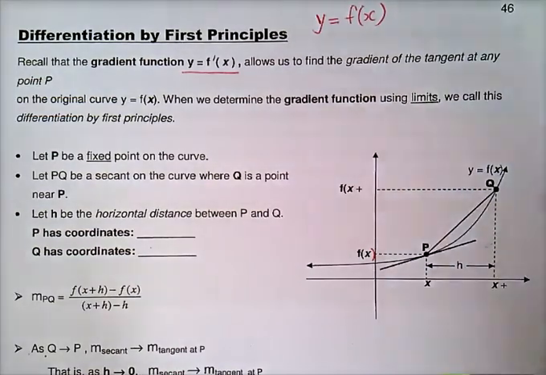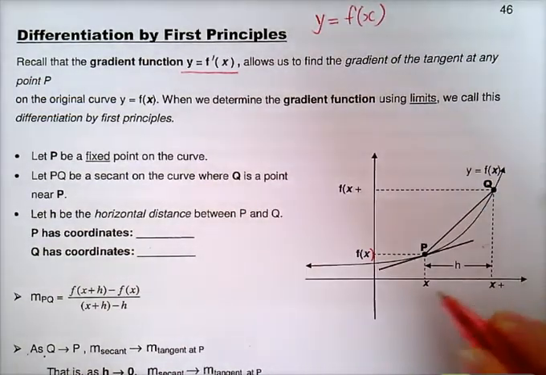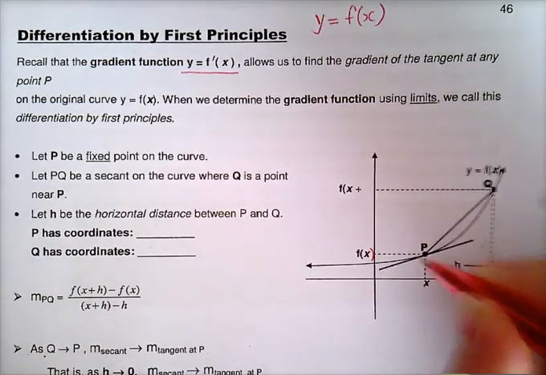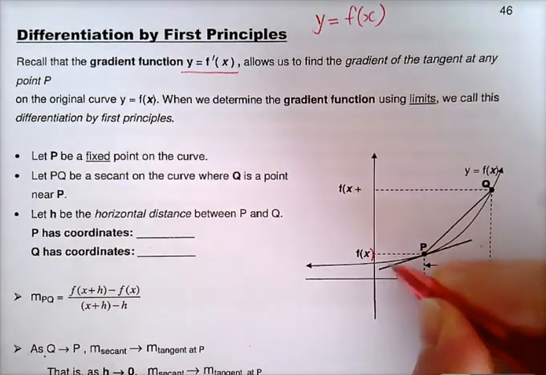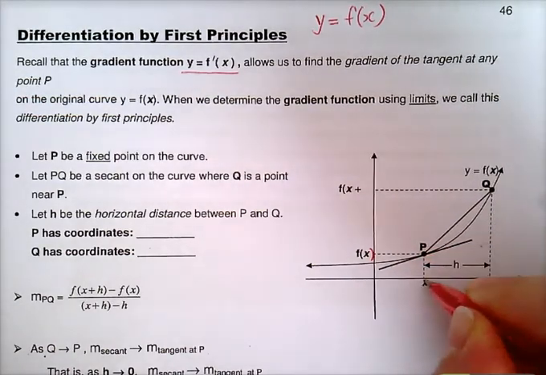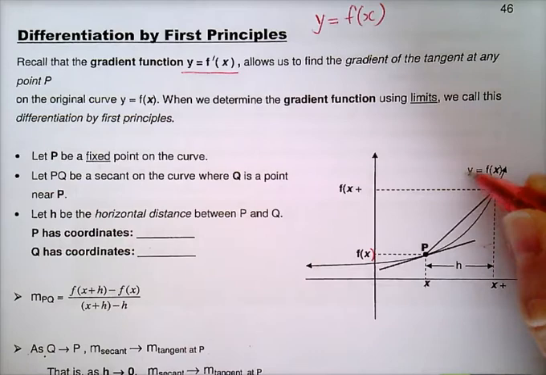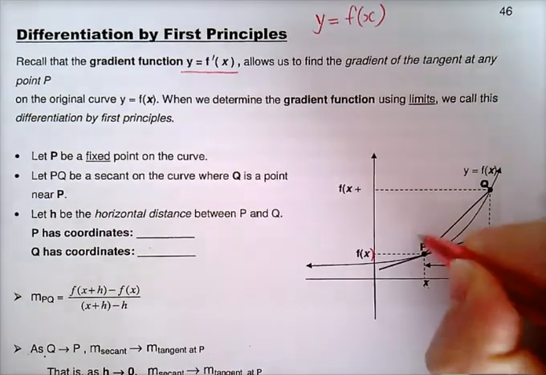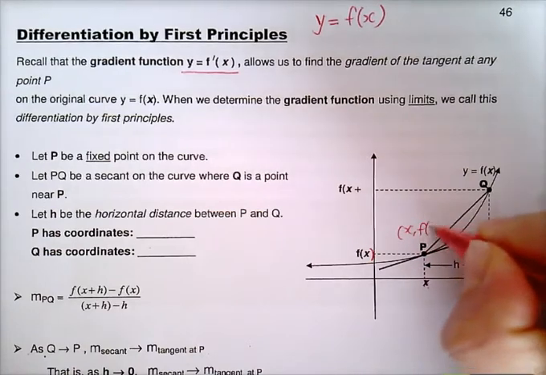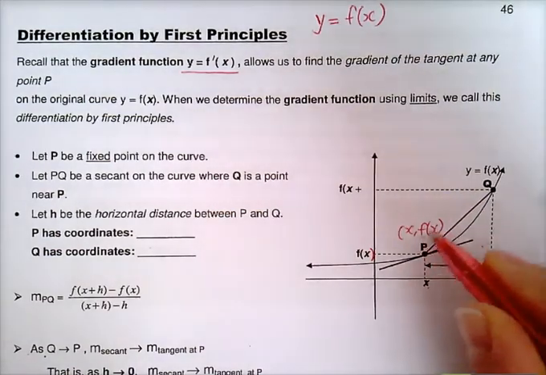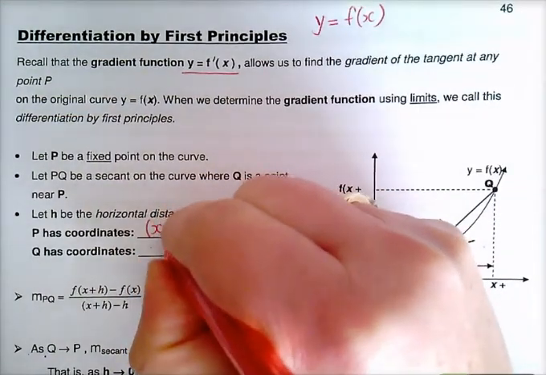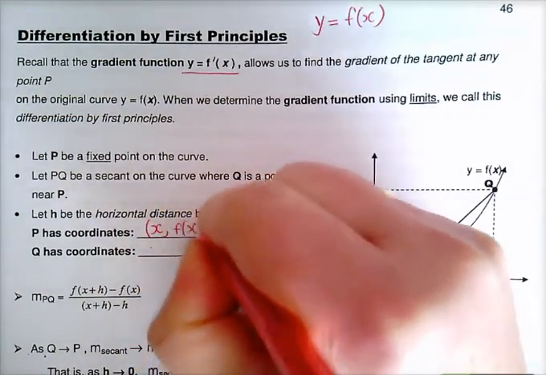Now, we're going to use limits again, and instead of calling this A, we're going to call this x. Therefore, point P will be x across, and because you substitute the x value into the curve, it will be the point x comma function of x, okay? So point P is now going to be called x, function of x. I'll just write that here: x comma function of x.